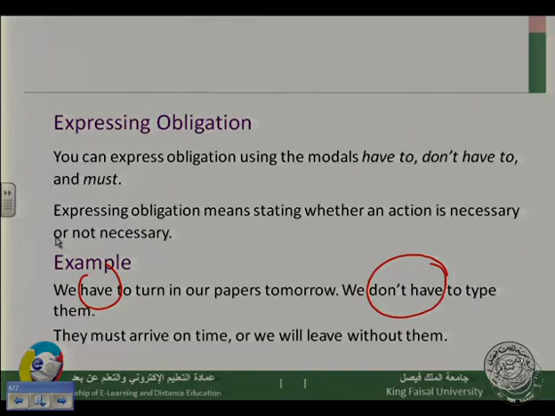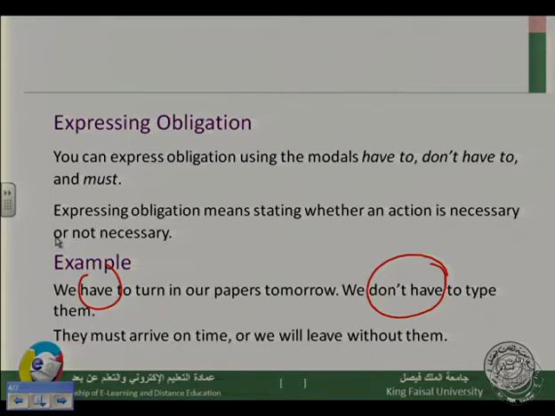So, you have two obligations in these two sentences. We have to turn in our papers tomorrow, or our homework, or our assignments tomorrow. But, on the other hand, we don't have to type them.